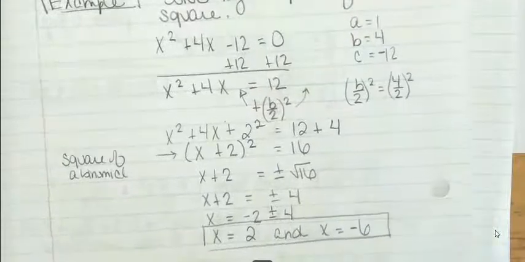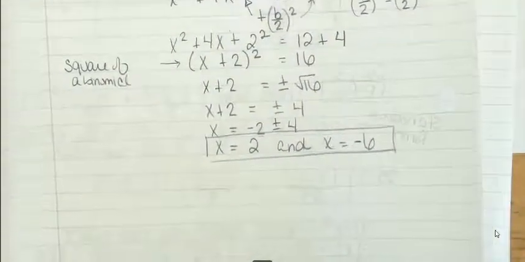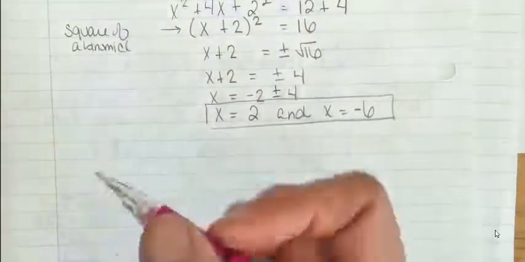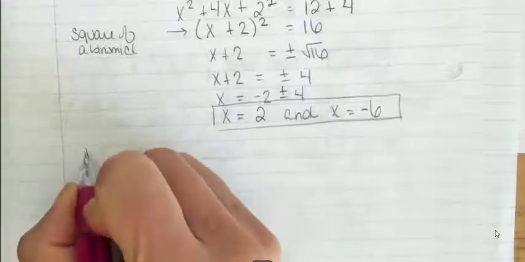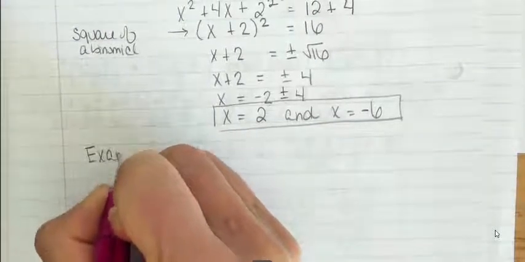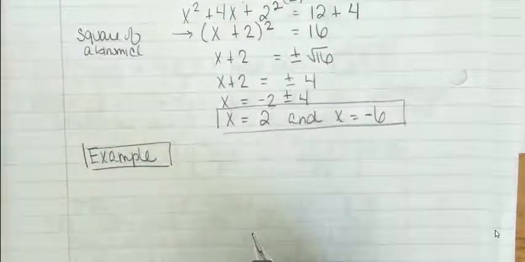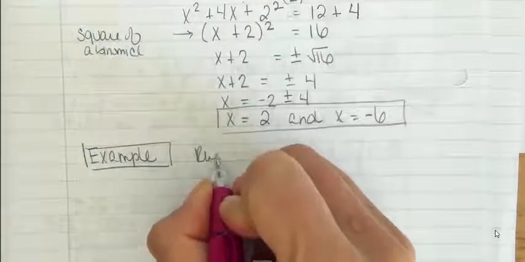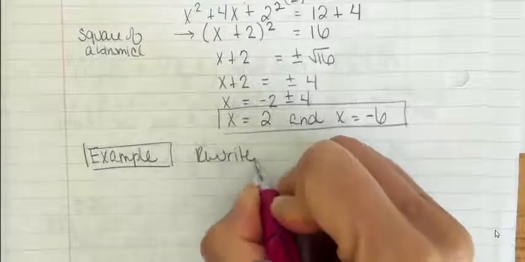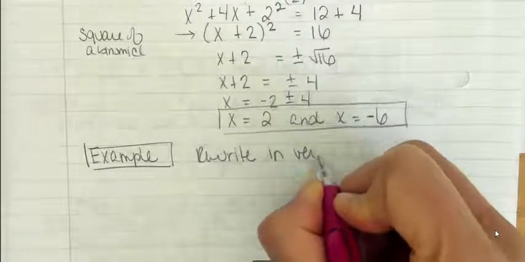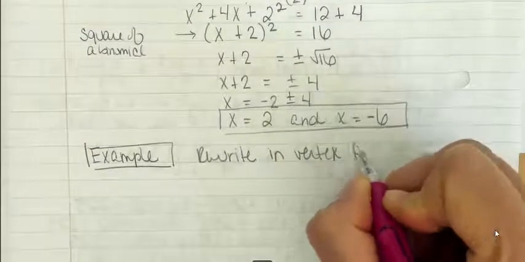Now, that wasn't the only time that we used completing the square. Another time when we used completing the square was when we wanted to rewrite an equation in vertex form. I should say a quadratic equation.